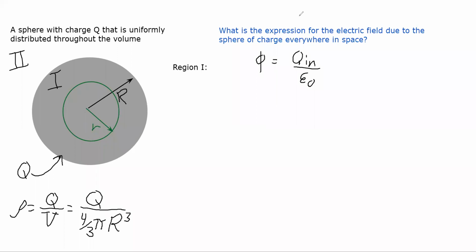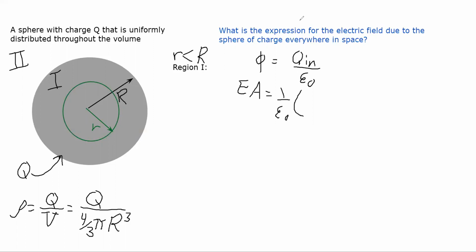When we're talking about region 1, I'm looking at when lowercase r is less than uppercase R. That's region 1. So I picked a sphere for my Gaussian surface. Symmetry matches, so that means my flux is just going to be EA. And my charge inside, let me put my 1 over epsilon 0 here so I don't forget.